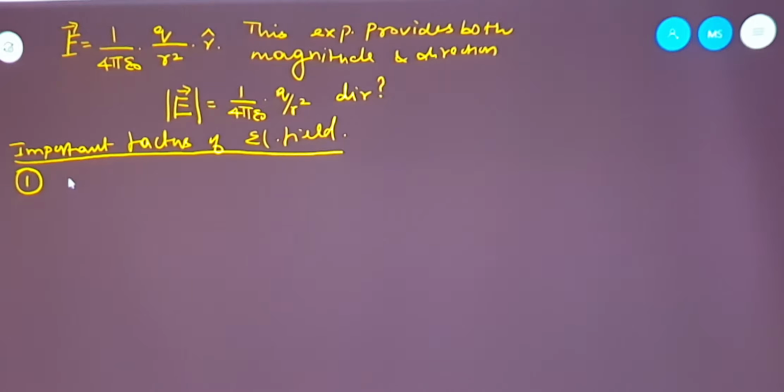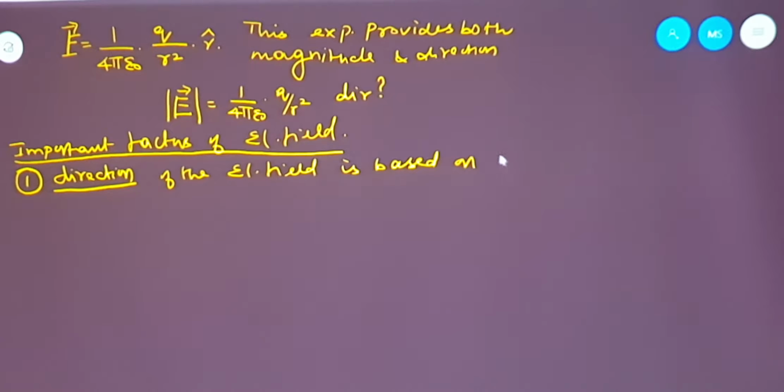Point number 1 denotes the direction. The direction of the electrical field is based on the source charge.